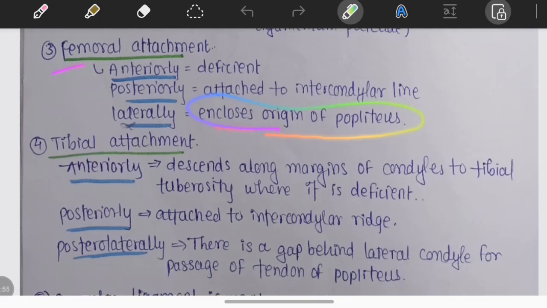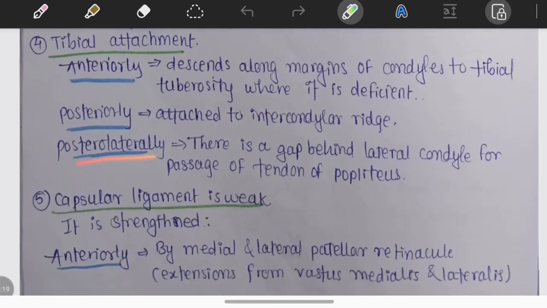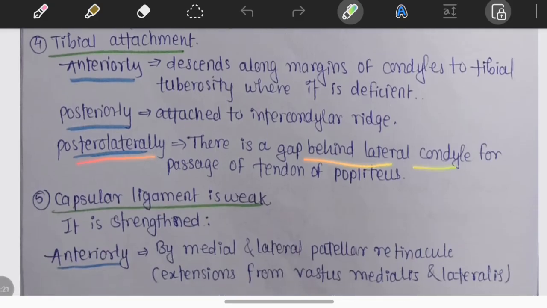Then tibial attachment of the fibrous capsule: anteriorly it descends along margin of condyles to the tibial tuberosity where it is deficient, and posteriorly it is attached to intercondylar ridge, and posterolaterally there is a gap behind lateral condyle for passage of tendon of the popliteus muscle.